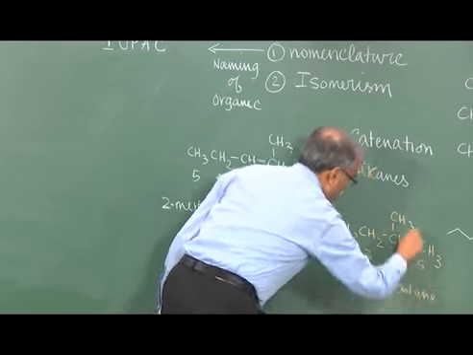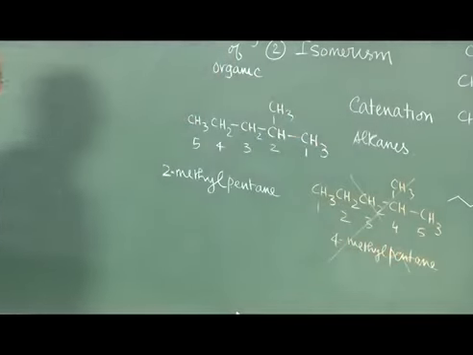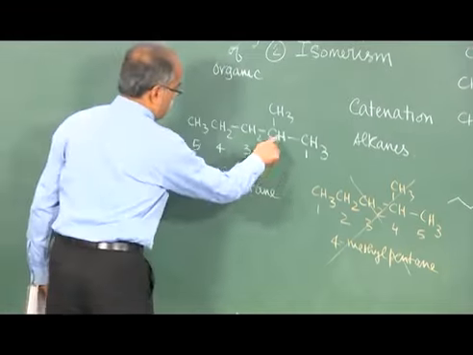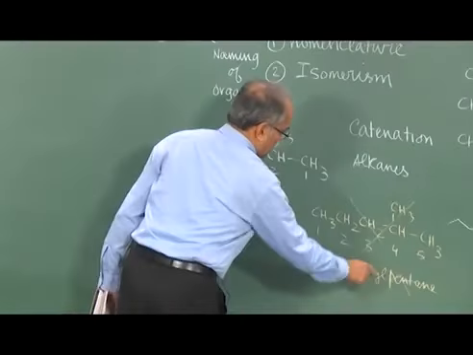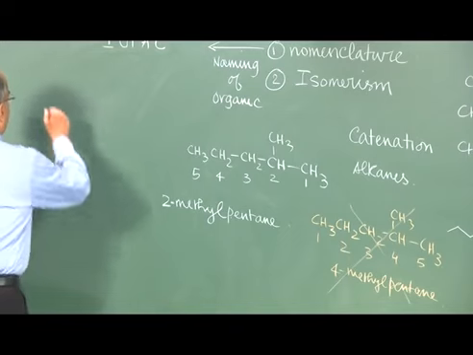This would be a wrong nomenclature, because the substituent where the branching is taking place is always given the least number that is possible. So, this is 2-methyl pentane and not 4-methyl pentane. So, that is rule number 1.